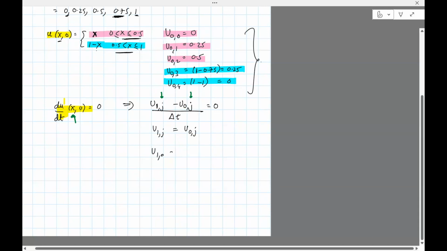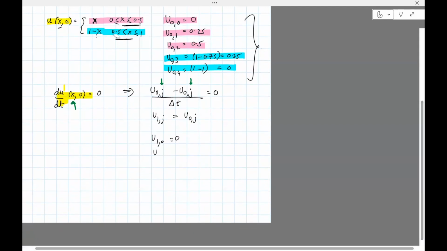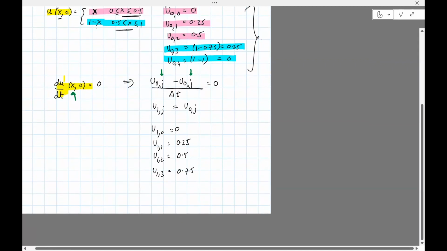So u1 comma 0 is 0, u1 comma 1 is 0.25, u1 comma 2 is 0.5, u1 comma 3 is 0.75, then 0.25, then 0.